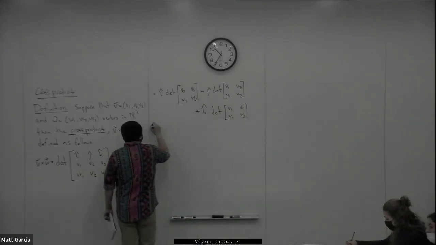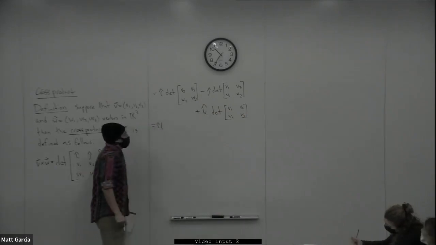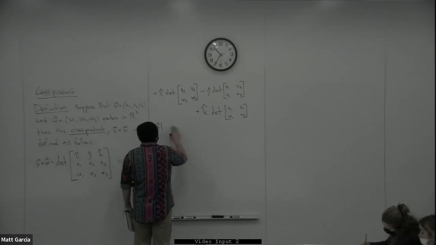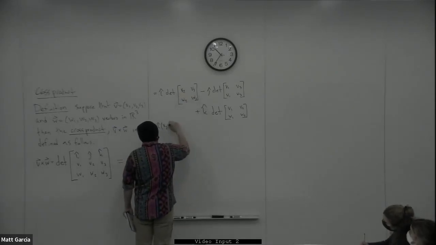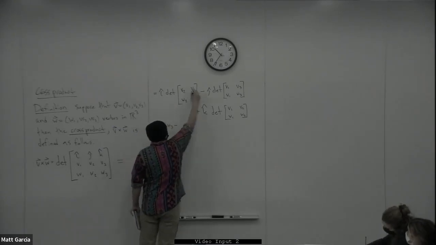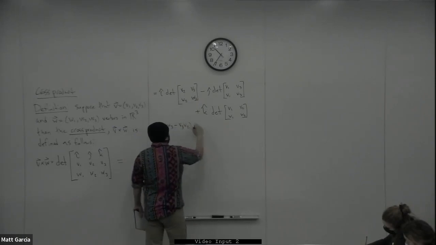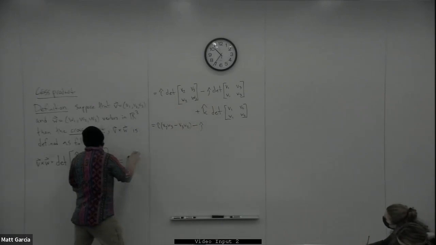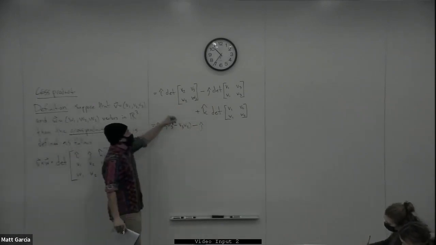Just for completeness' sake, let me remind you what each of these 2 by 2 determinants calculated out is. The determinant of this 2 by 2 is V2 times W3 minus V3 times W2, minus J hat. Remember, as we move along the entries of the first row, the signs alternate in the calculation of the determinant.